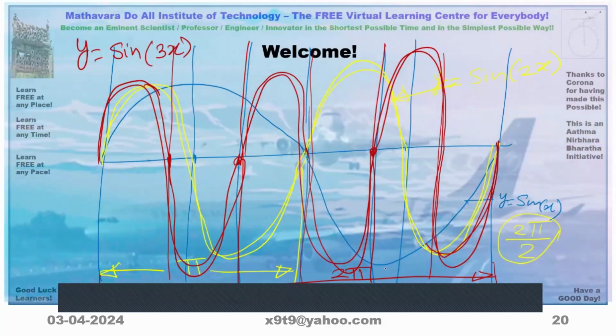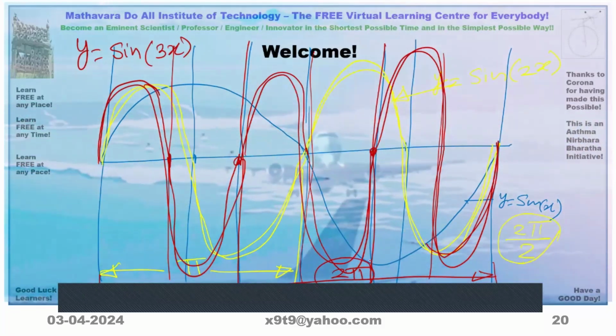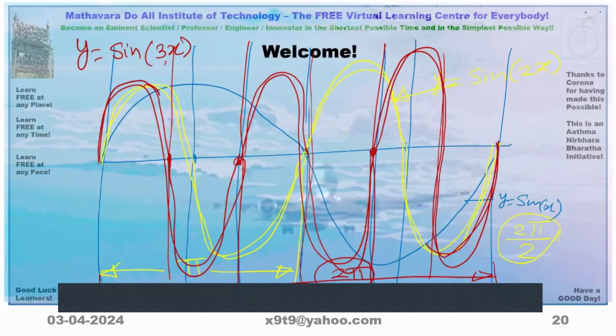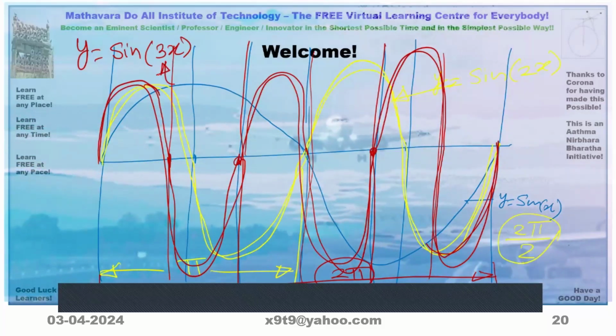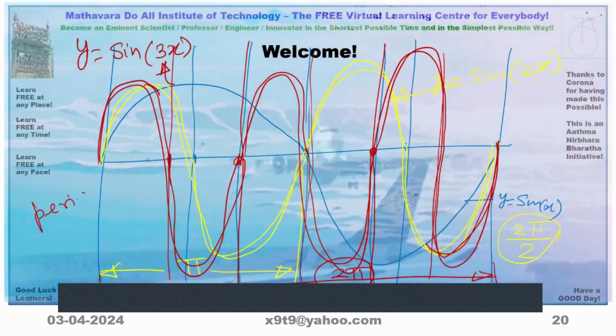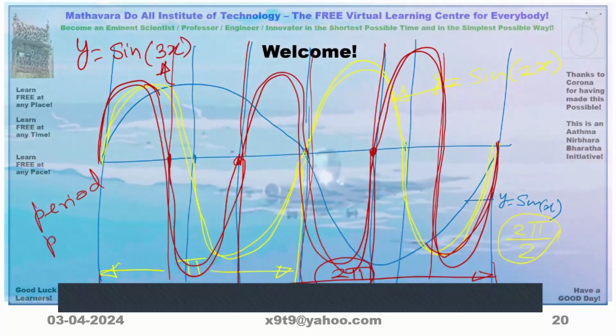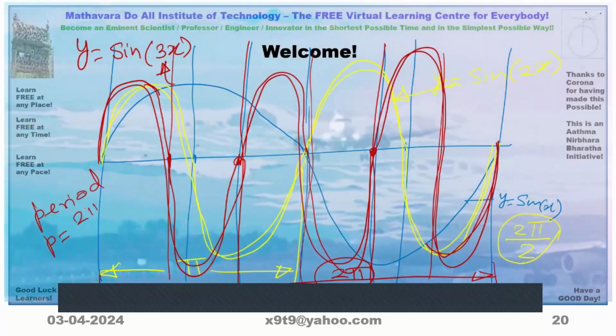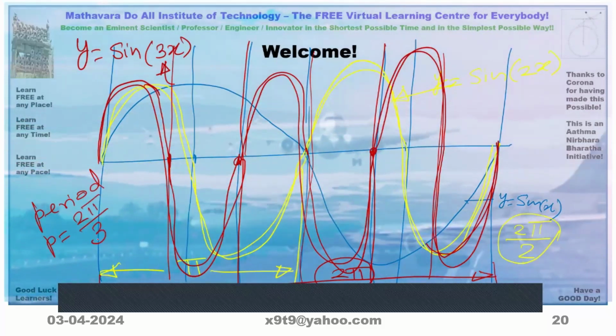So originally it was 2 pi, it is divided by this number 3 here. So the period will be 2 pi divided by 3.